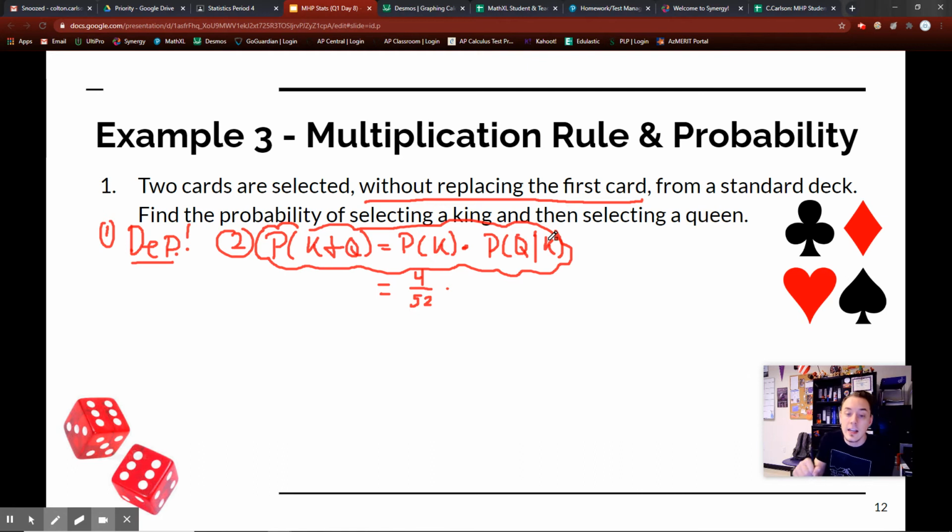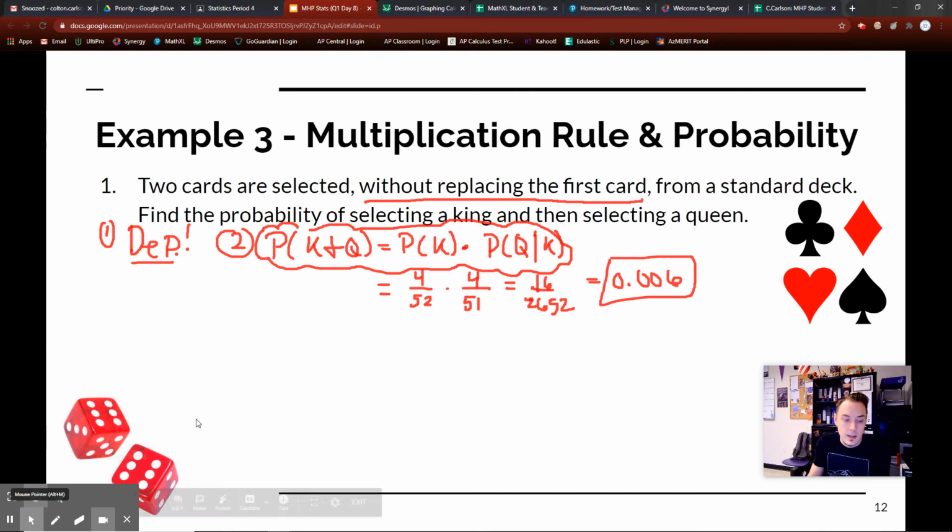If I draw a king first, and then I go and select a queen, but I don't replace the king, what do I have? I have 4 queens, and then my new total is 51 because I didn't replace that king. Okay, so what does this equal? This actually equals 16 all over 2,652, which of course is 0.006.